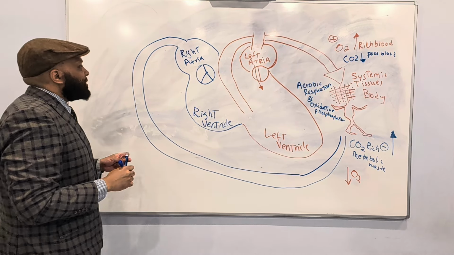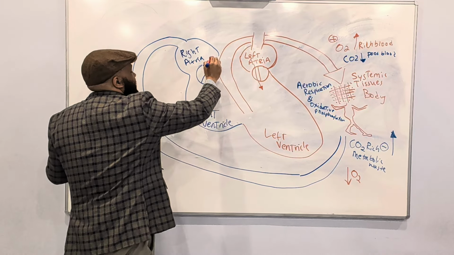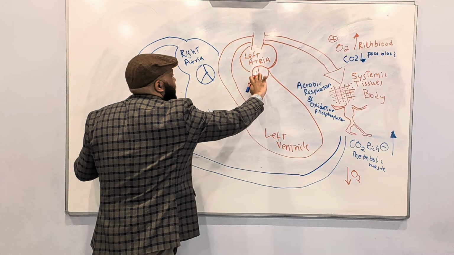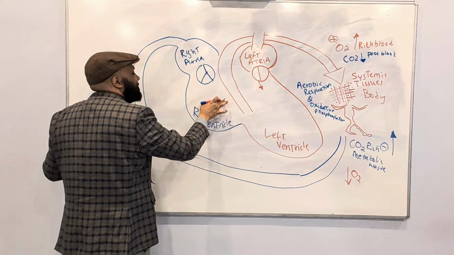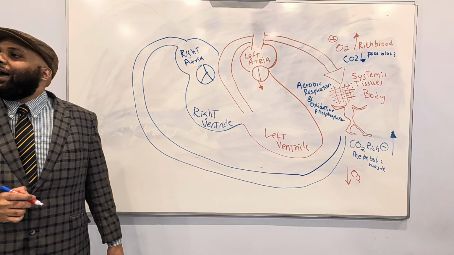Now, what's going to happen? Do you see those two valves that I drew for you here between the atria and the ventricle? What do we call those two valves?